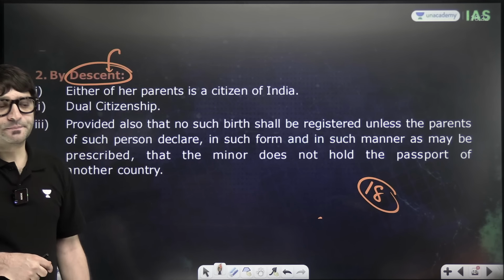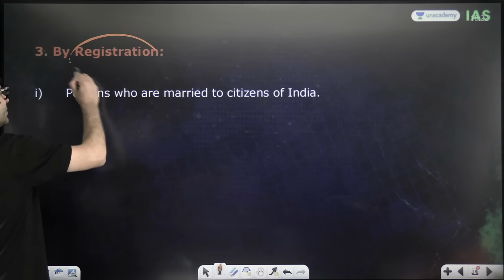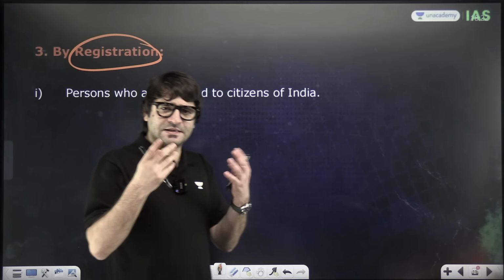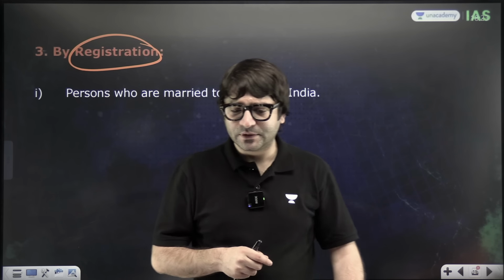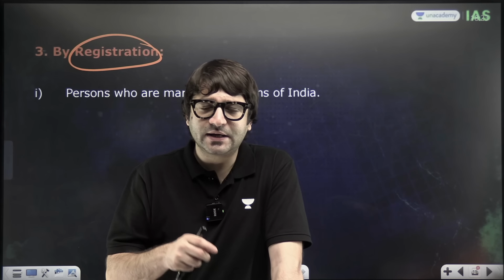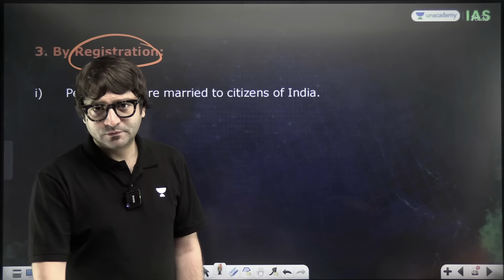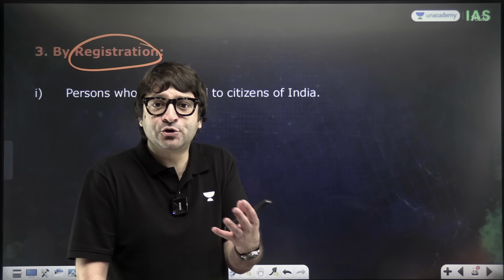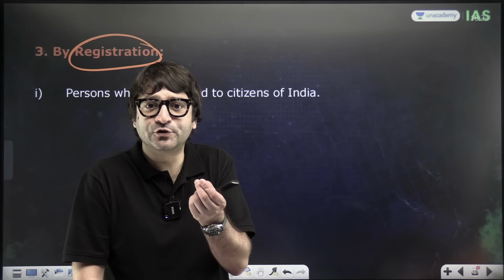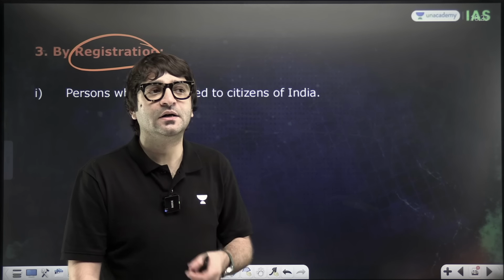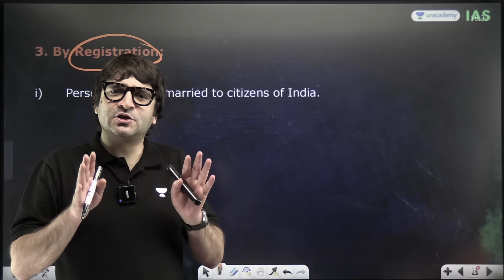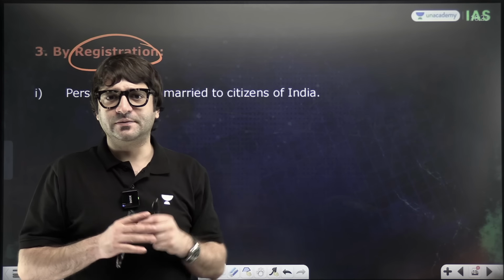This is by descent. Third is by registration. And there are various categories under registration. For example, one category is if you are holding an Overseas Citizen of India card. And who is eligible to apply for this card? If you were once a citizen of India and now you are a citizen of another country.